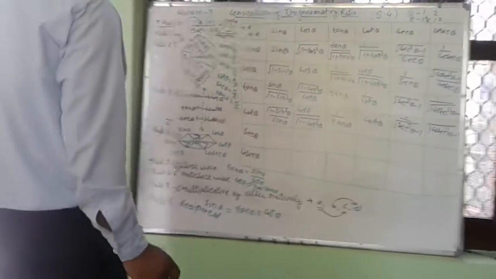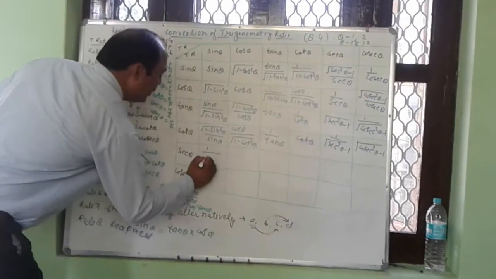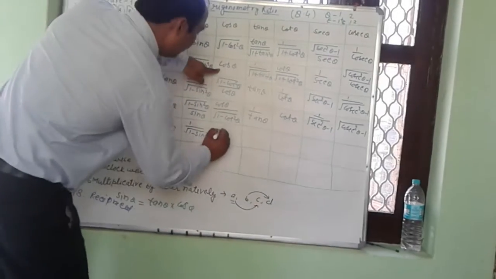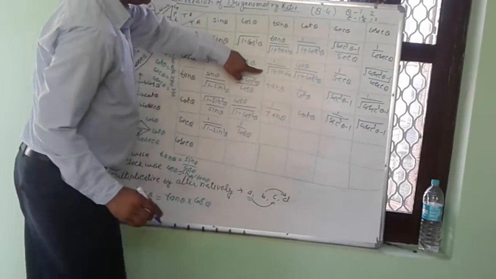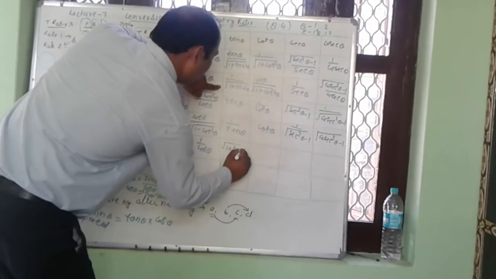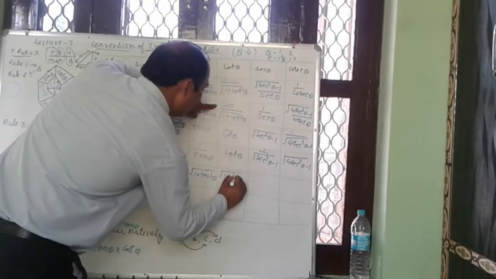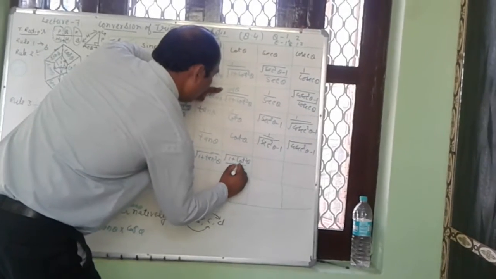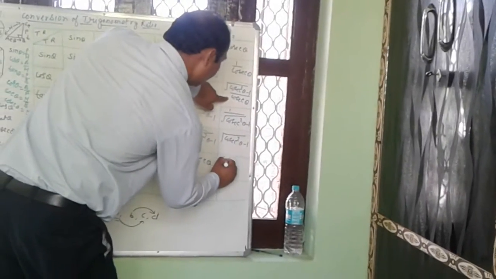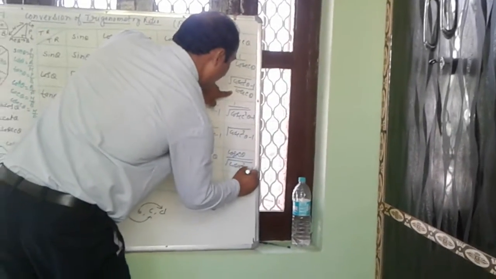Now sec theta is 1 upon cos theta. It means this is 1 upon root 1 minus sin square theta, and here is 1 upon cos theta, and its reciprocal is root 1 plus tan square theta, and the reciprocal of this is root 1 plus cot square theta upon cot theta, and its reciprocal is sec theta, and its reciprocal is cosec theta upon root cosec square theta minus 1.